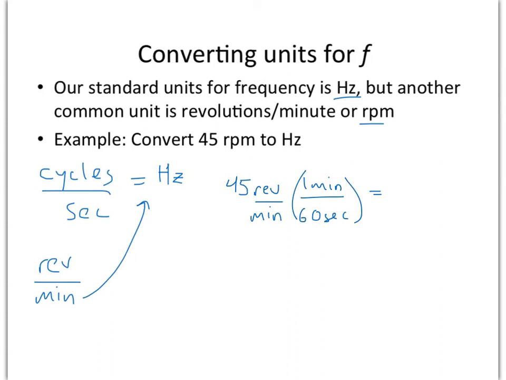And there we go, so 45 divided by 60 is 0.75. 0.75 Hertz. All right, because we converted the minutes to seconds. We're still talking about cycles or revolutions. It's all the same thing, but the time period is really what's different. Whatever is being repeated is the cycle or revolution.